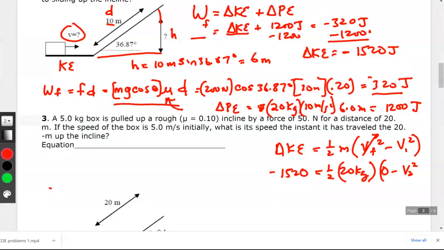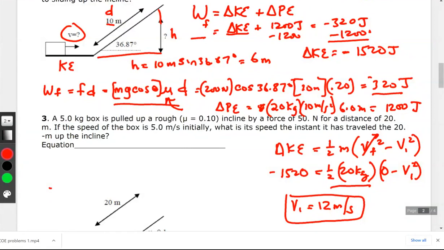So I'll divide by 10, and then I'll take the square root of 152. And you get 12.3. vi is 12.3. We'll call it 12 meters per second. Whoa. We have to go over this again, and we'll stop right here.